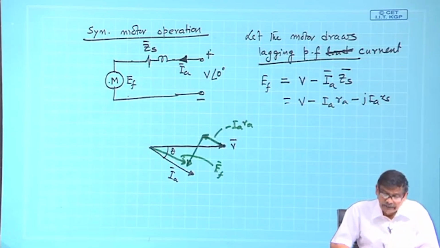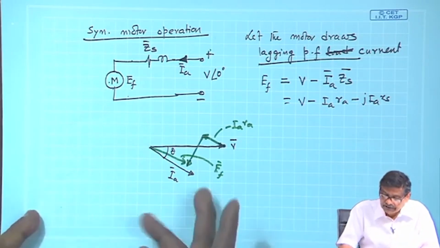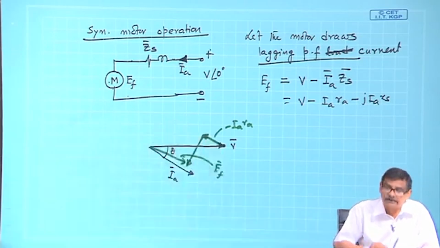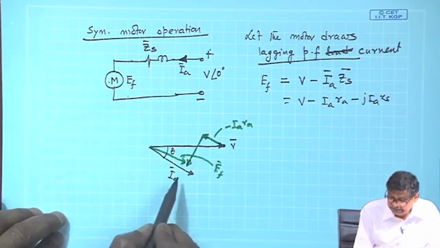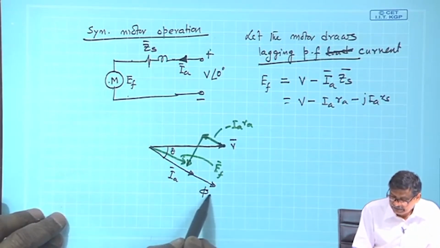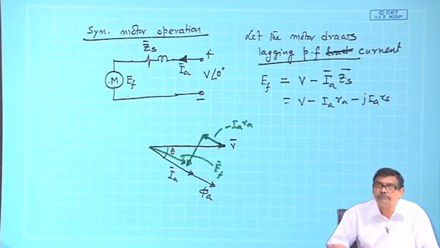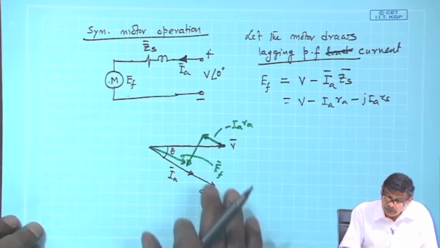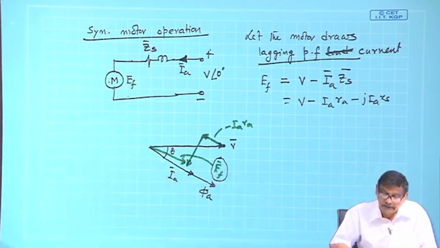Now, in the same way as we have done in case of generator, I want to know where is my phi f, phi r and phi a. Obviously, this will be the direction of armature flux or armature MMF, along the maximum value direction. This is phi a. Now, what is Ef? Listen carefully, unlike generator.